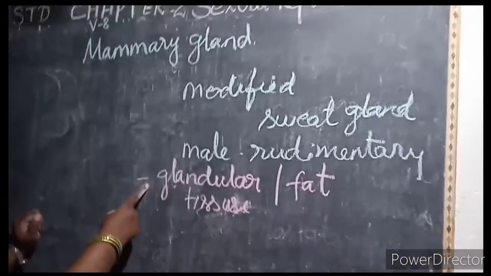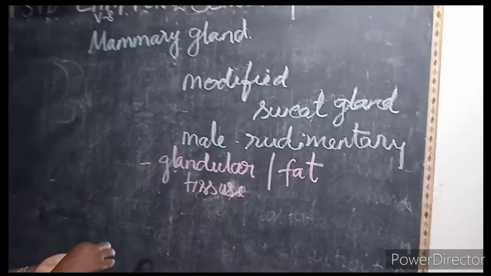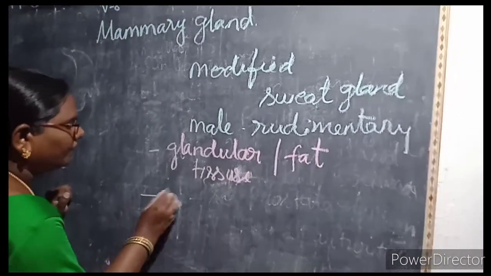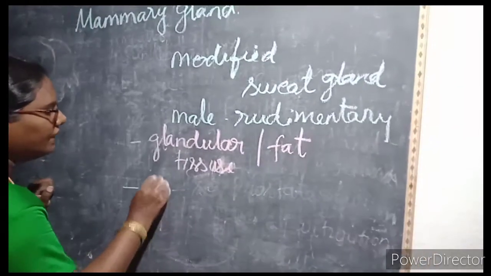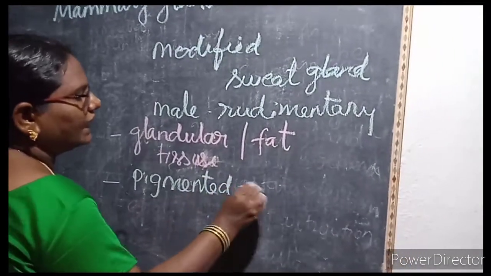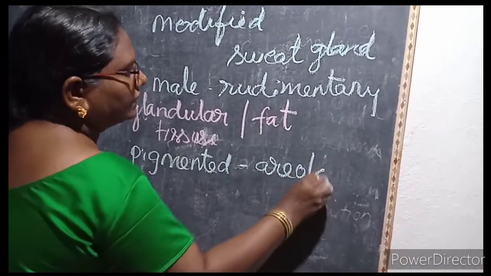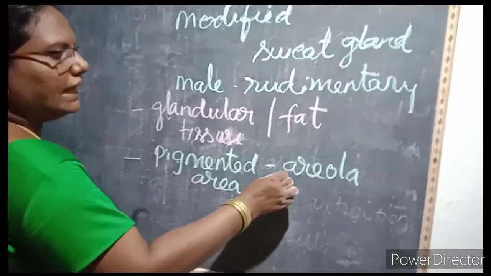Then the mammary gland has a nipple. It is surrounded by a pigmented area. This pigmented area is called the areola.